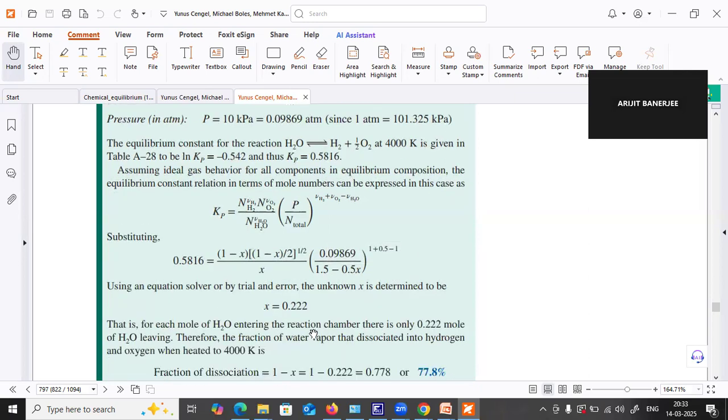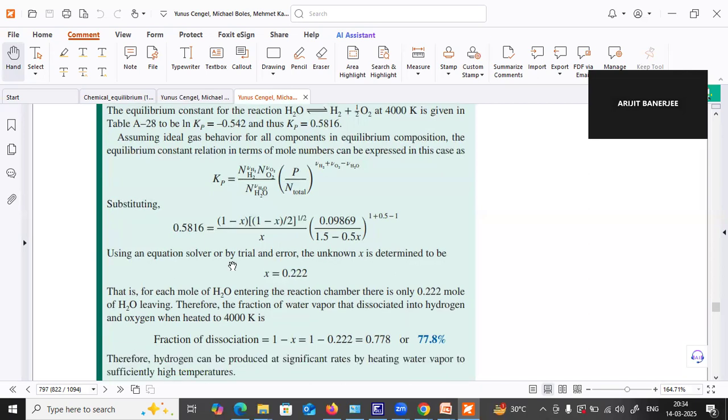Next, this is a relation which can be solved by trial and error, because it is a non-linear equation. It is not easily solvable. So you can just write the equation, and after this we can get x by trial and error.